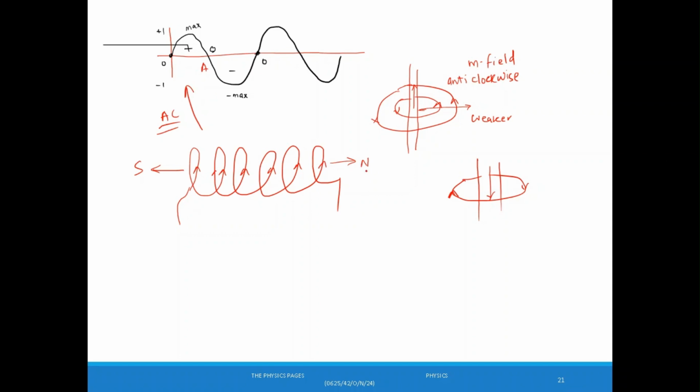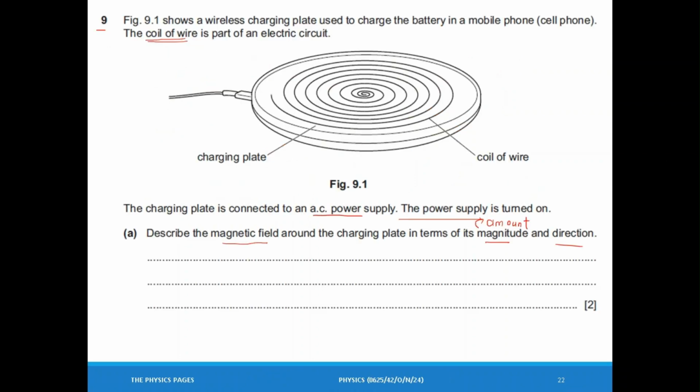Let's say right side is north. But when current changes from A to B, the polarity will automatically change. This will become north side and this will become south side, and it will also change the value of magnetic field. So we need to understand this.